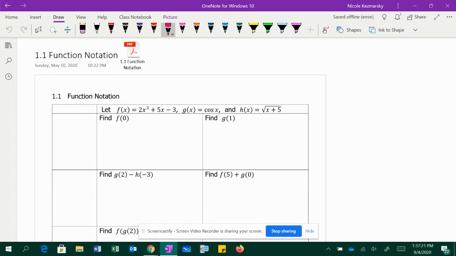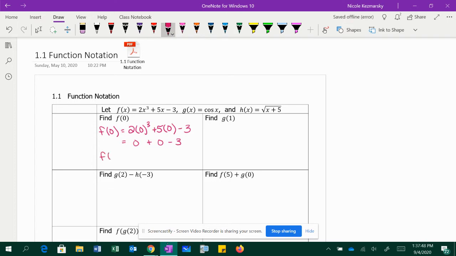If we find f of 0, that means that we're going to take all of the x's and turn them into zeros. So we're going to have 2 times 0 cubed plus 5 times 0 minus 3. So that gives us 0 plus 0 minus 3.